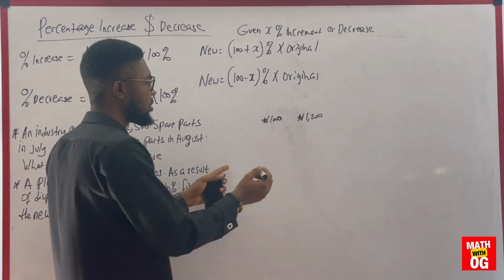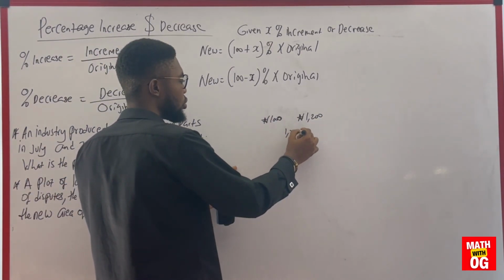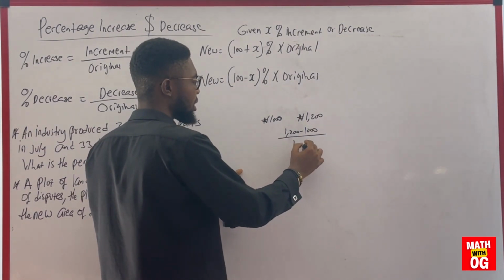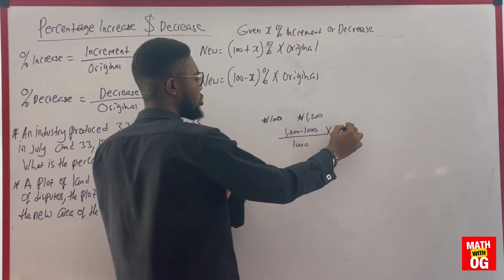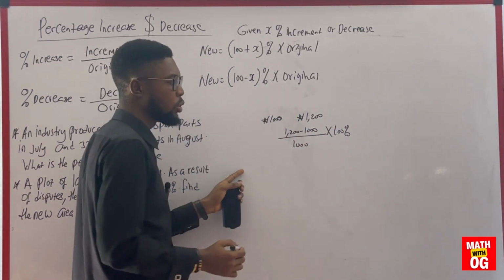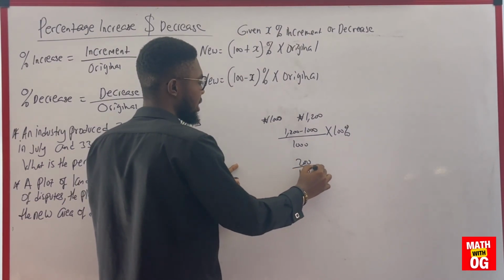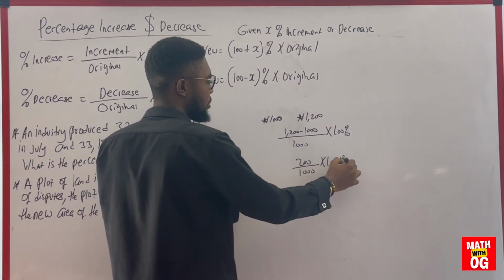Now, what is the increment in your salary? 1,200 minus 1,000 over original salary was 1,000 multiplied by 100%. 1,200 minus 1,000 is simply 200 over 1,000 multiplying 100%.